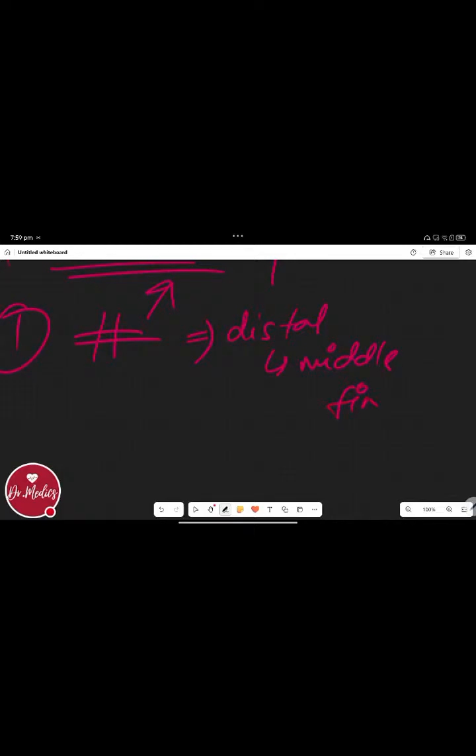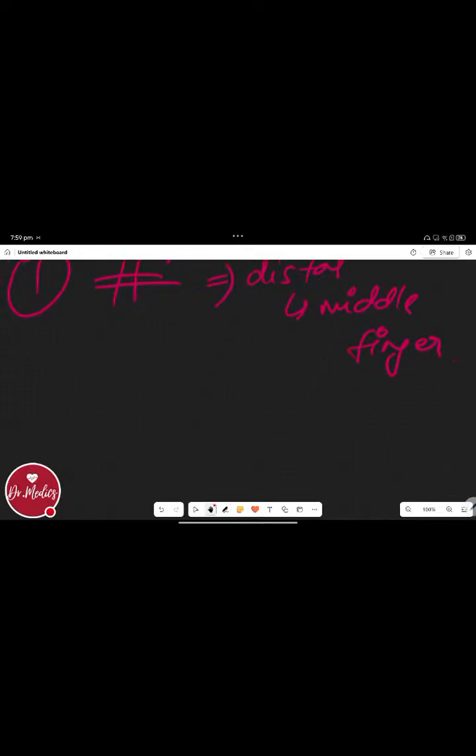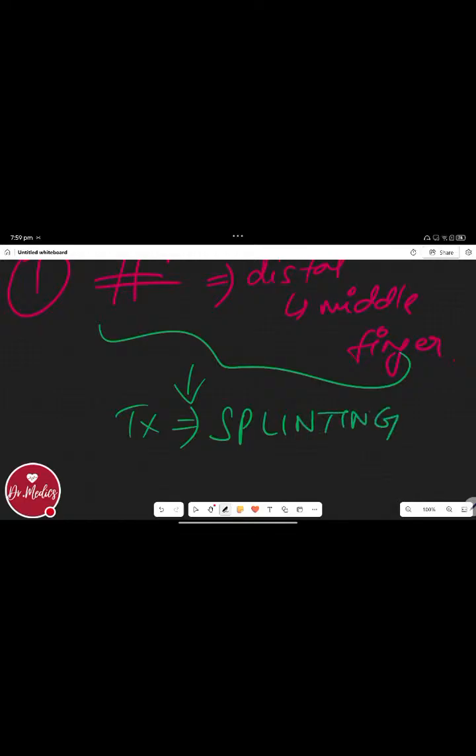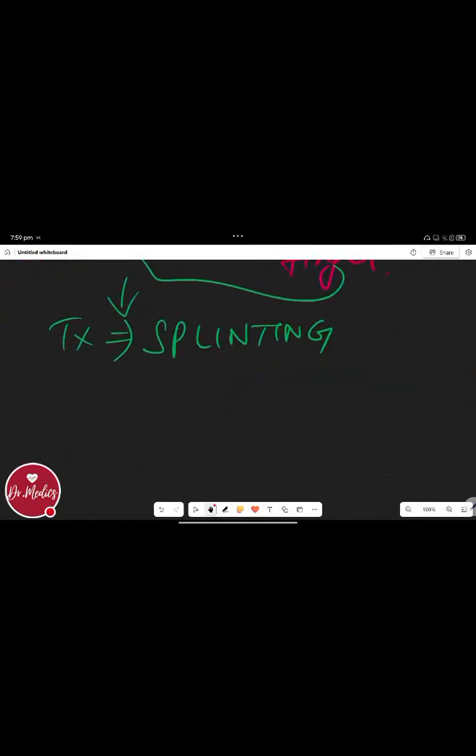This fracture is treated by splinting. What is meant by splinting? Splinting the injured phalanx to the adjacent normal phalanges.